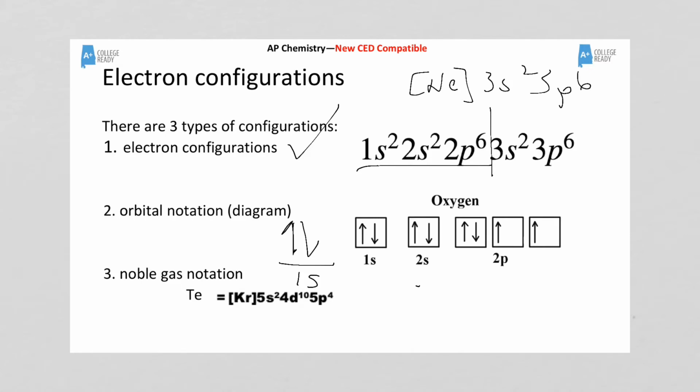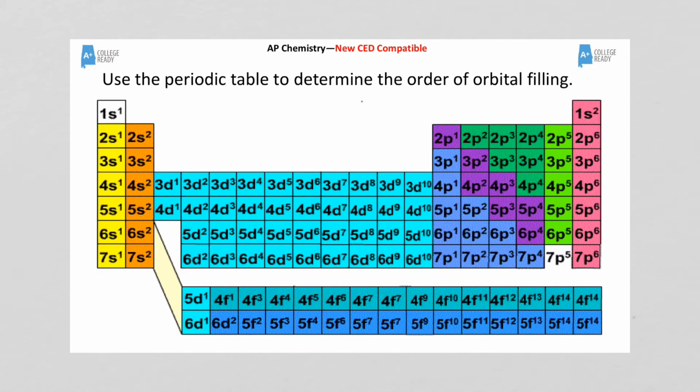So it's just not having to write the beginning of the electron configuration. And using the periodic table is the way I do it. I know some people use what we call an Aufbau diagram, and it shows you the filling order as well. But if you can use the periodic table, it does really help.